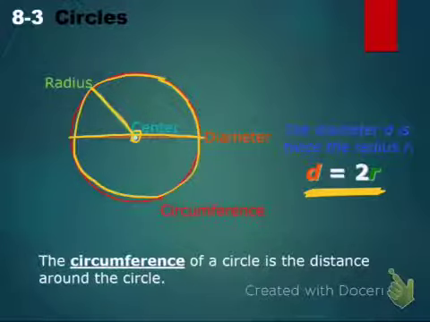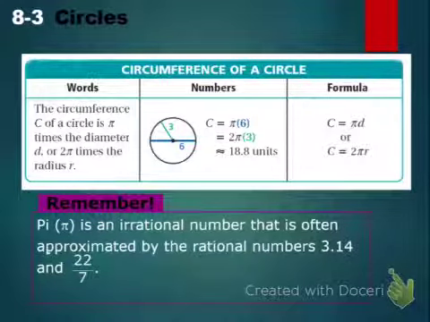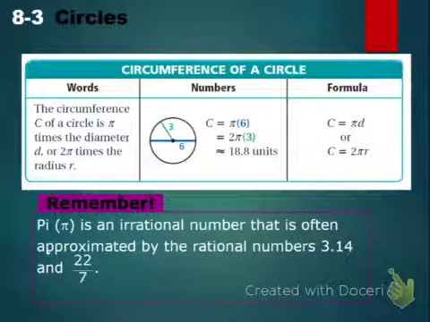And then down here at the bottom we've got a circumference of a circle is the distance it takes to go around the outside of the circle. So in order to find circumference, we've got an algorithm. The circumference of a circle is pi. Remember, pi is that irrational number that we use.